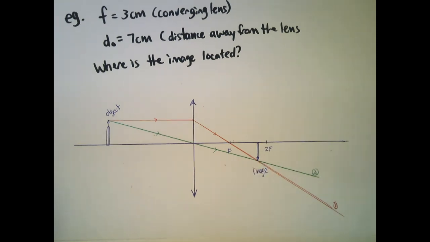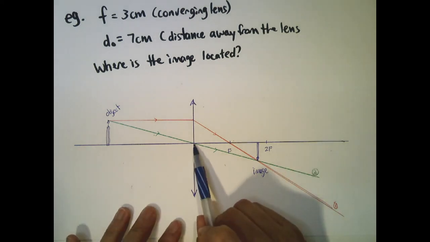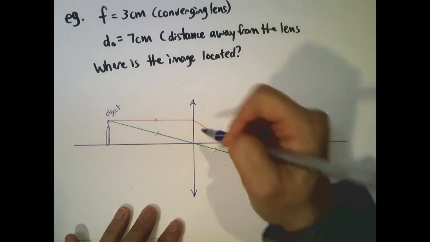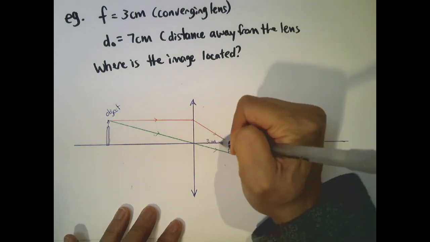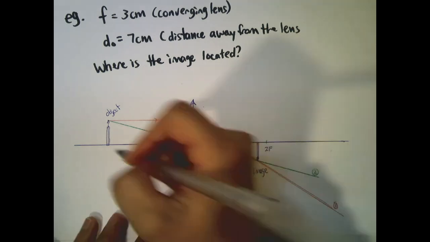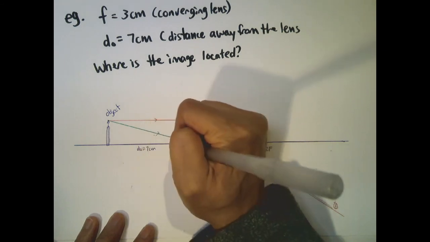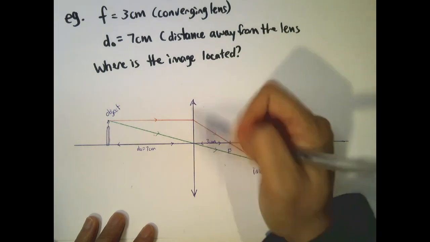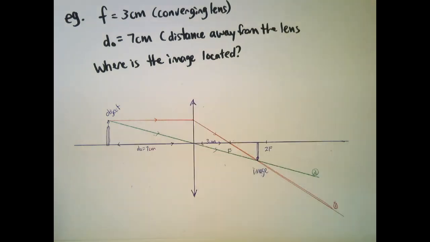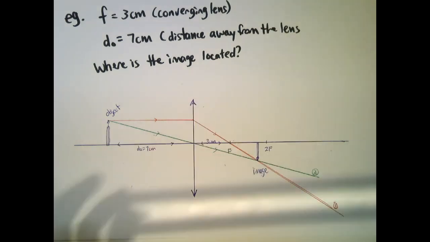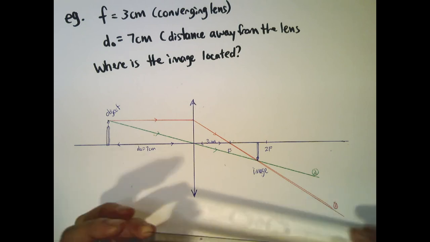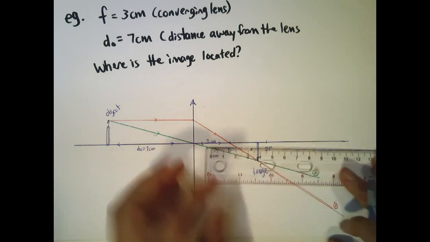Let's label some other things. From the center of the lens to F is 3 centimeters. dO is 7 centimeters; we measured from the lens to the candle. Now we can measure where the image is located.